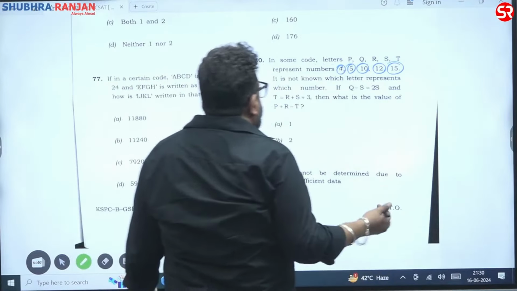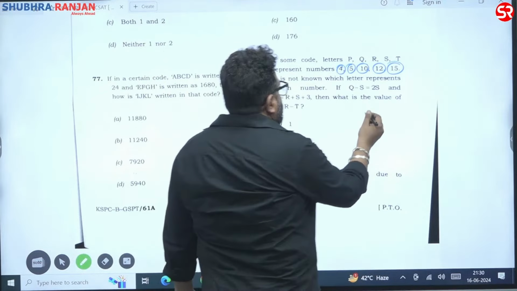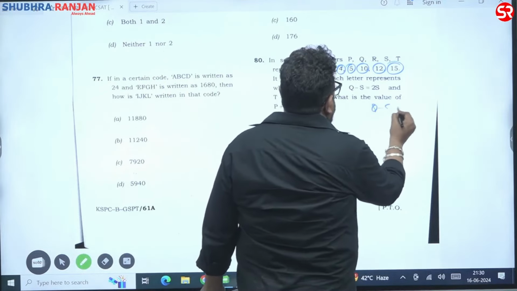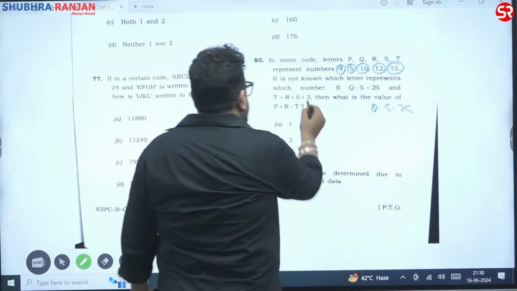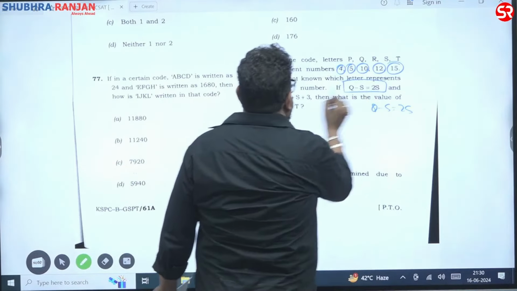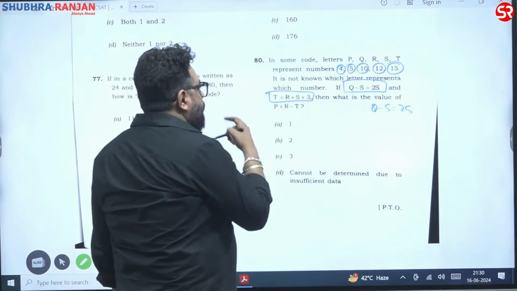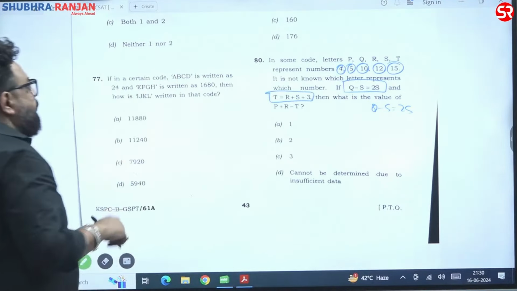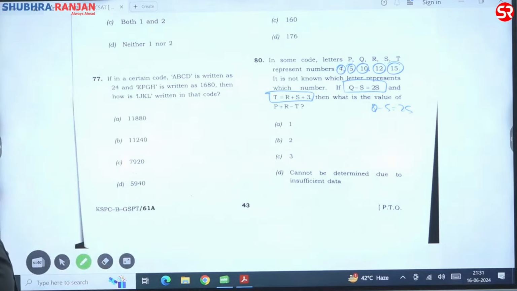Now, guys, just remember this thing. Now, Q minus S is equal to 2S. And these are two conditions given to you. And then you have to sort out. Now, you just cannot say Q minus S is equal to 2S and directly say, sir, Q is equal to 3S, right? So will that work for you?